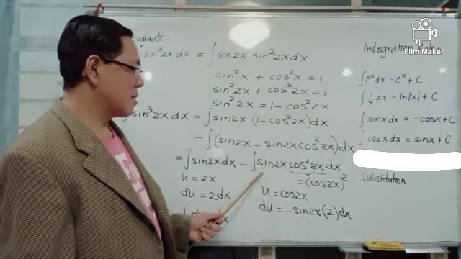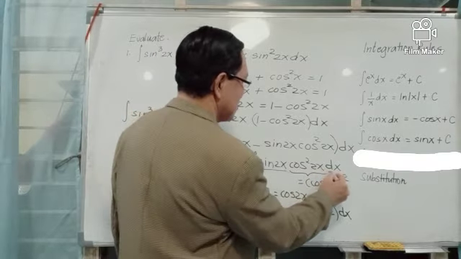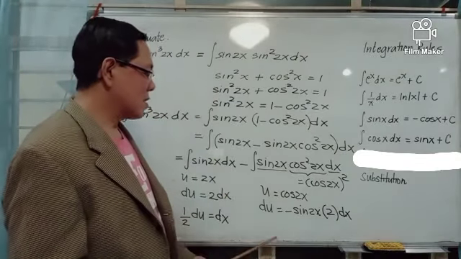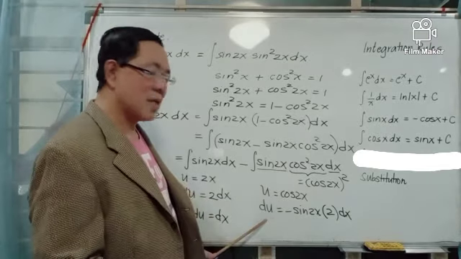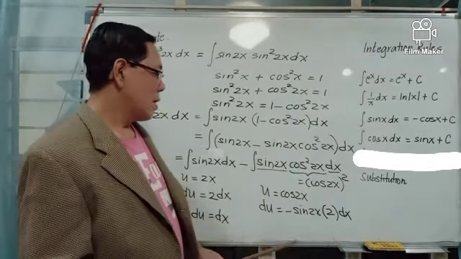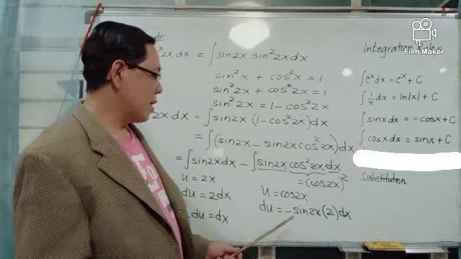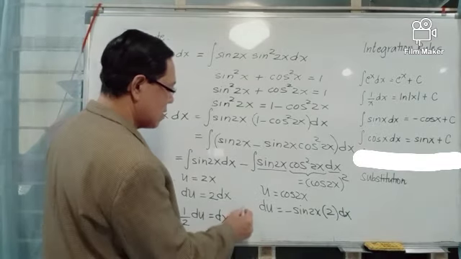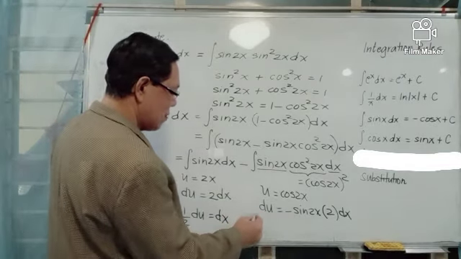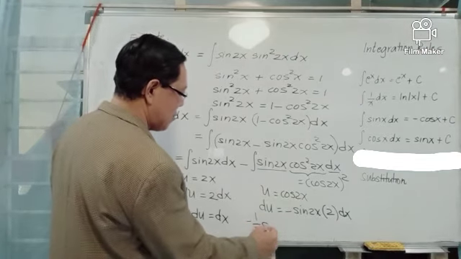In the second integral, we have sine 2x and dx. And we can solve for sine 2x dx from this equation by multiplying both sides by negative 1/2. We multiply the left side by negative 1/2, negative 1/2 multiplied by du.